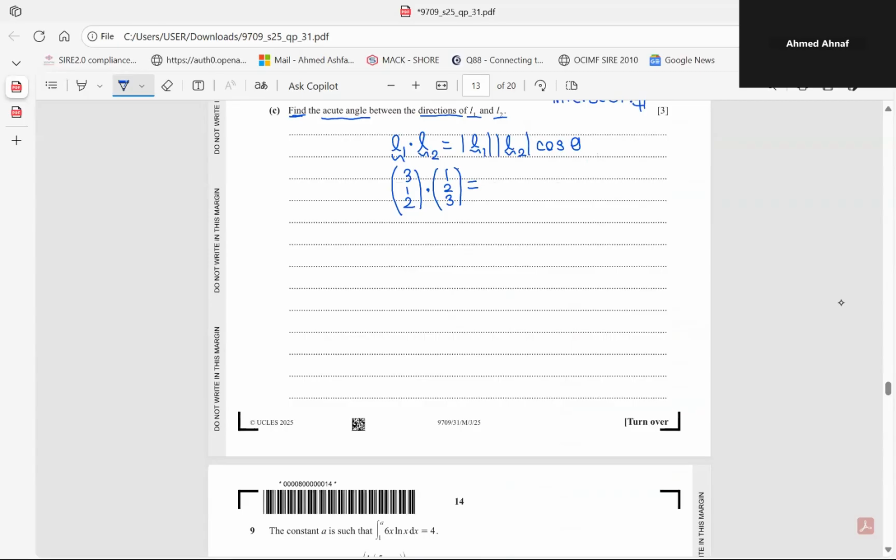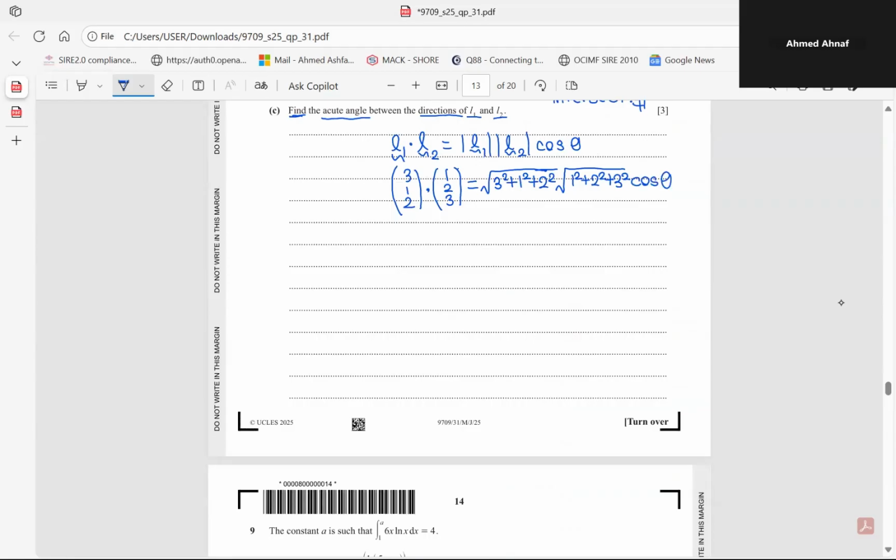And then the modulus of L1 is just 3 squared plus 1 squared plus 2 squared, square rooted. And for L2, it's 1 squared plus 2 squared plus 3 squared, square rooted, times cosine theta.